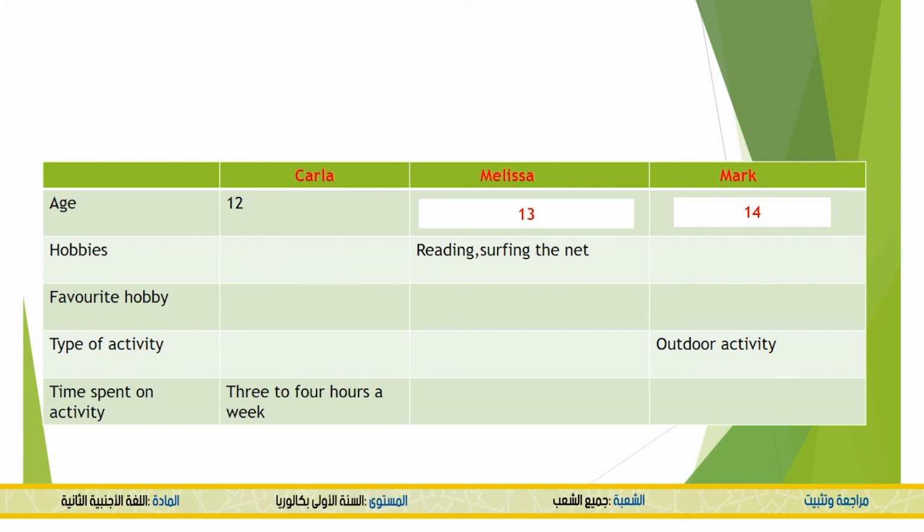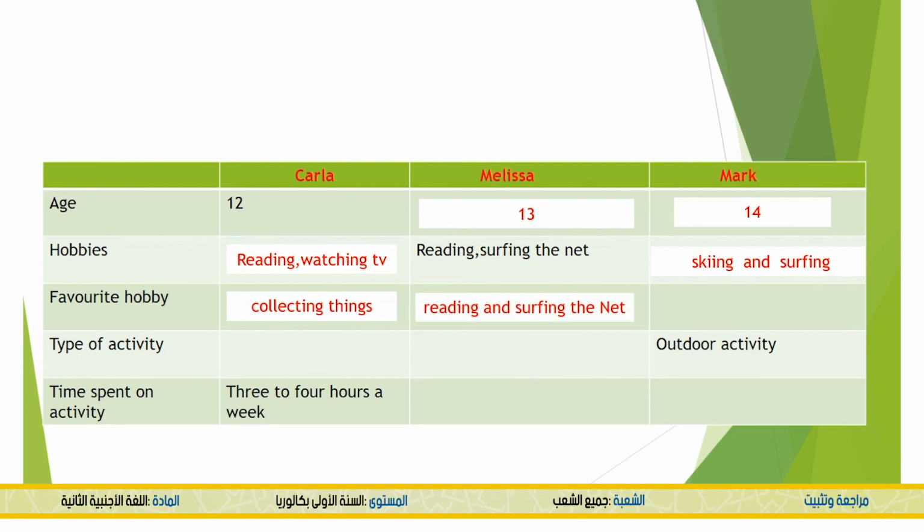What about Carla? Reading and watching TV. And Mark? Skiing and surfing. Favorite hobby, Carla? Collecting things. Melissa's favorite hobby, reading and surfing the net. And Mark? Skateboarding. Remember, we have it in the picture.